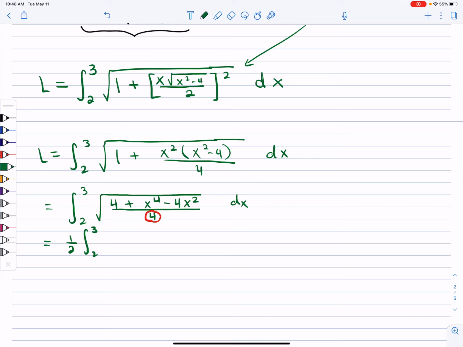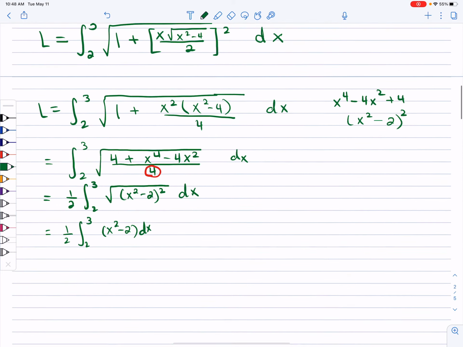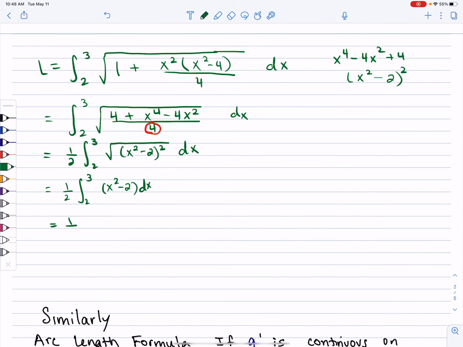Now, the x to the 4th minus 4x squared plus 4 can factor into (x squared minus 2) to the 2nd power. So we're going to have the square root of (x squared minus 2) squared dx, which we know we can simplify as x squared minus 2 dx, which is equal to 1/2 times (x cubed over 3 minus 2x), and we're going to evaluate from 2 to 3.